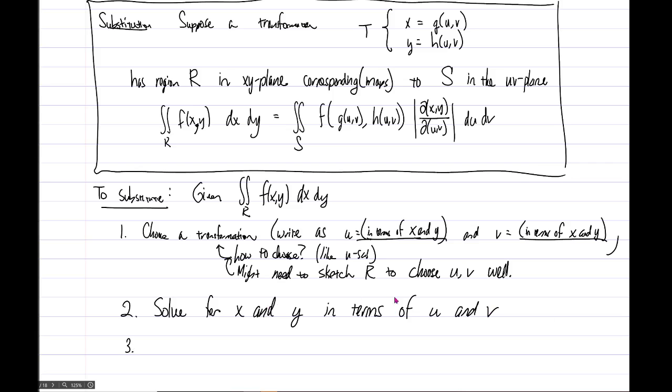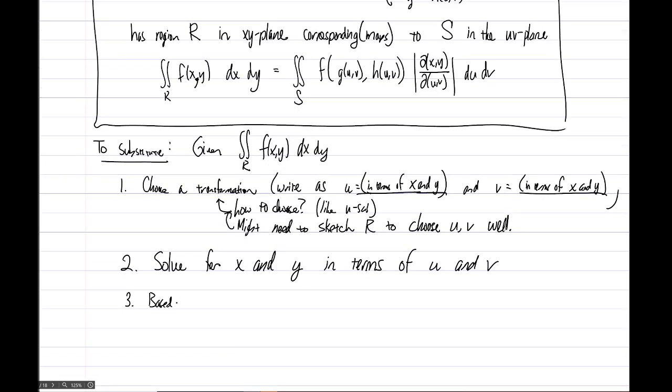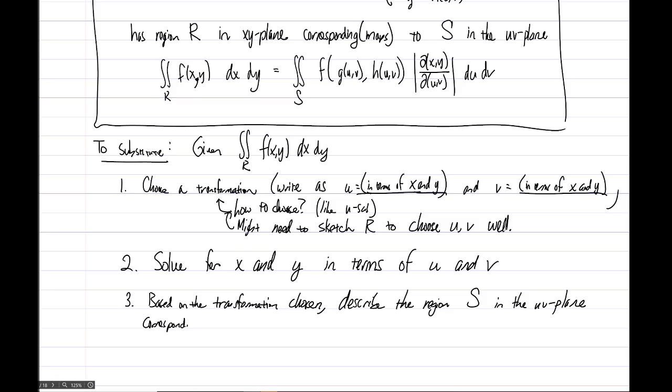Step 3, based on the transformation that was chosen in step 1, describe the region S in the UV plane corresponding to the region R, which was in the XY plane.